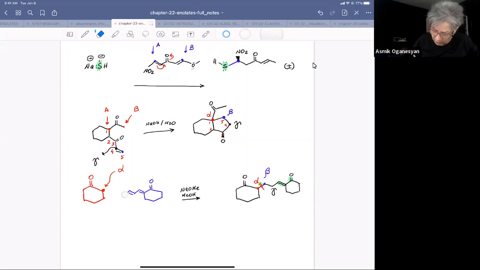And erase the extra carbon here. This will be the beta position. We had two double bonds. We're left with just one double bond conjugated with the carbonyl.